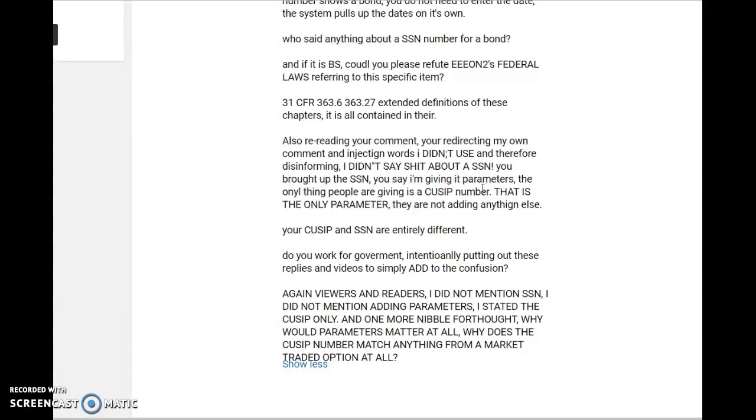The rest of the parameters and why those are important is because that is how the calculator is built. If the calculator doesn't actually locate whatever number you're listing where the bond CUSIP number should be, not your birth certificate or your actual social security number, it's going to provide you with the same information as it would based on the actual maturity date that you are entering in.